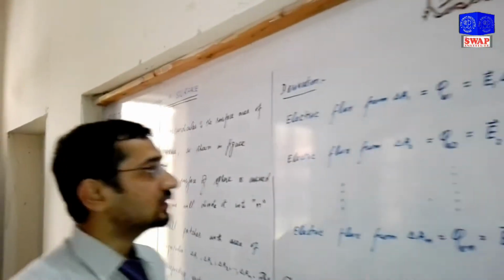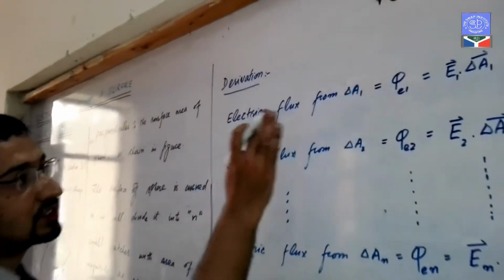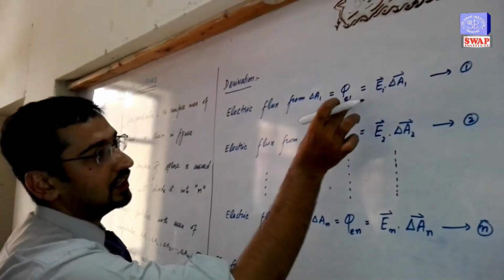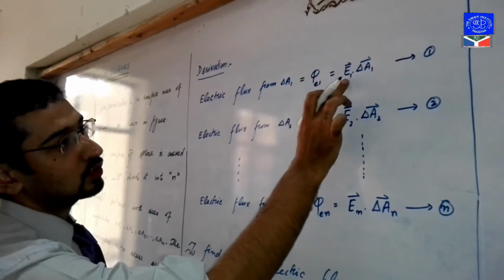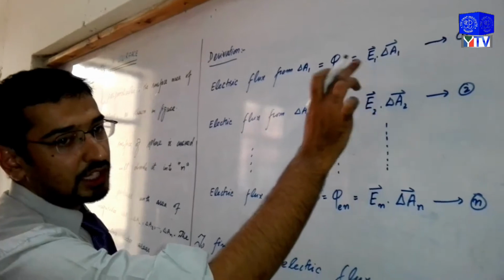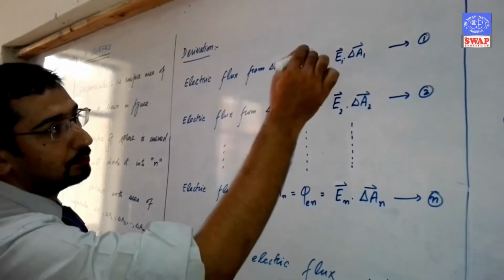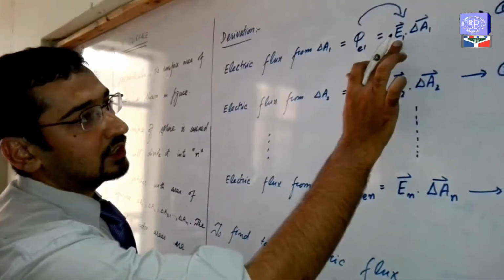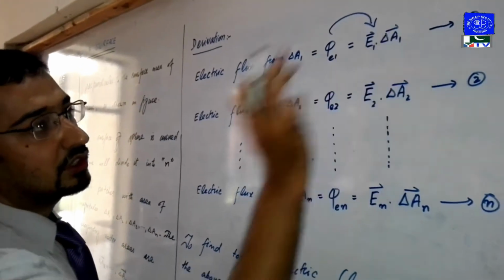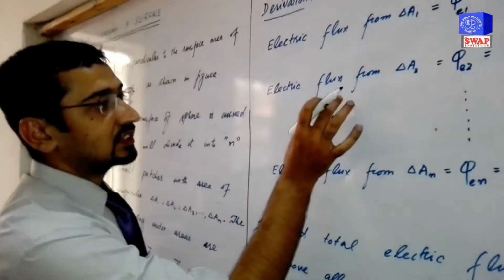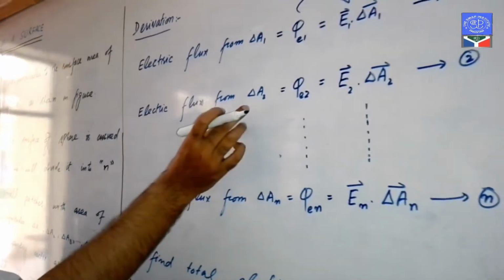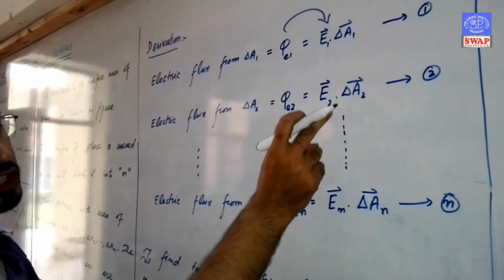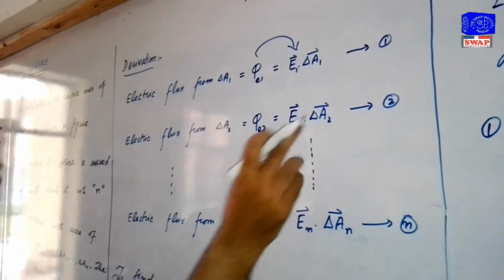So I am going towards the derivation. The electric flux from delta A1, that is phi E1, is equal to the dot product of the electric field and vector area, so E1 dot delta A1. The electric flux from delta A2, phi E2, is equal to E2 dot delta A2.